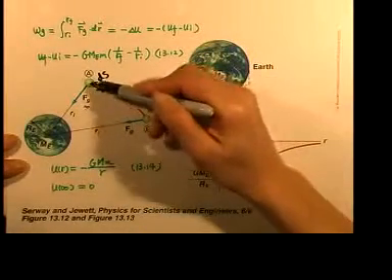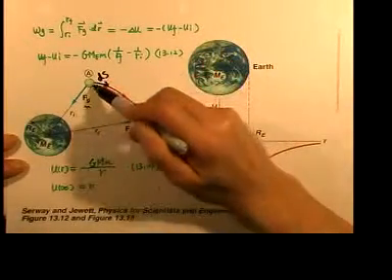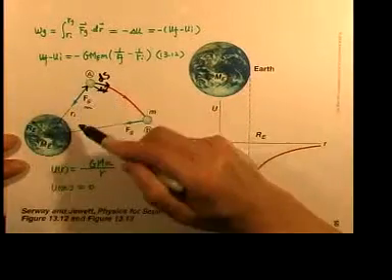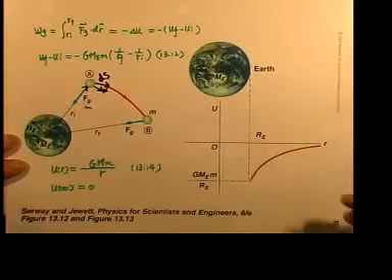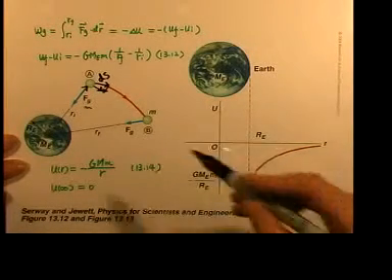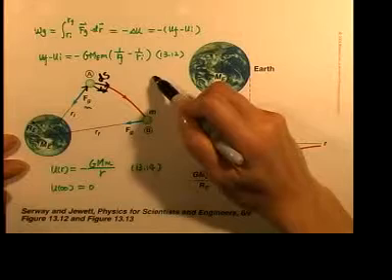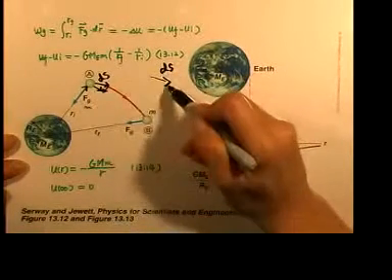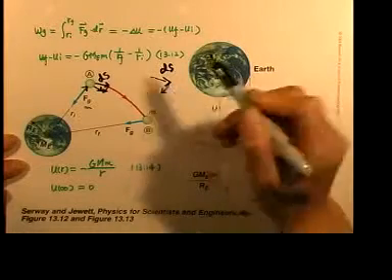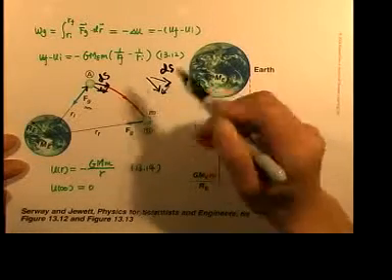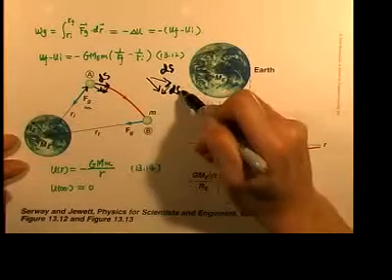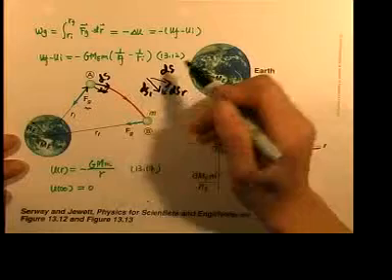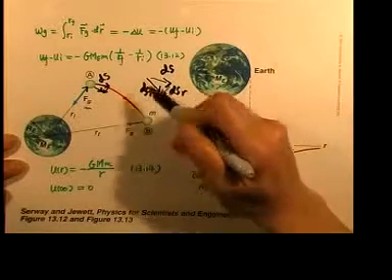Now ds is tangential to the path, but this part is tangential to the radius of r of initial. So any ds can be split into ds of radius and ds of tangential.